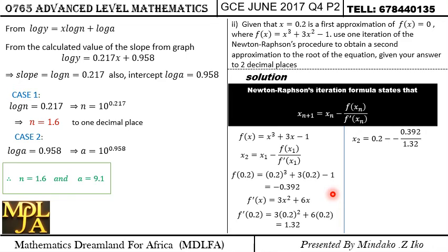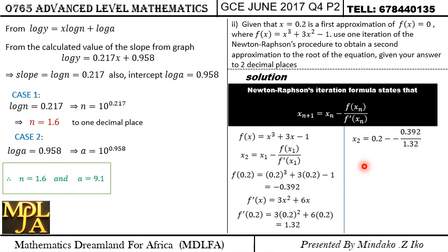Let's continue. Since I know these values, I can just substitute them. My x1 value is 0.2, given in the equation. And my f of x1 is negative 0.392.